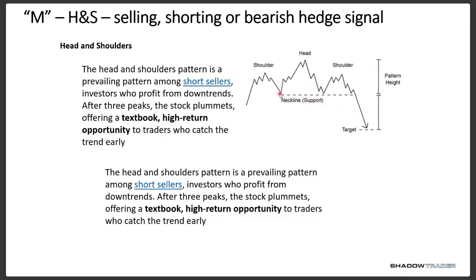Just understand, if you've got three valid lows where the price has bounced off of, look for this pattern where you've gone up, come back down, gone up higher than the shoulder and come back down, then gone up to another shoulder level. This high over here should be very similar to the high over here. Now, here's one thing on this piece on the right, pattern height.